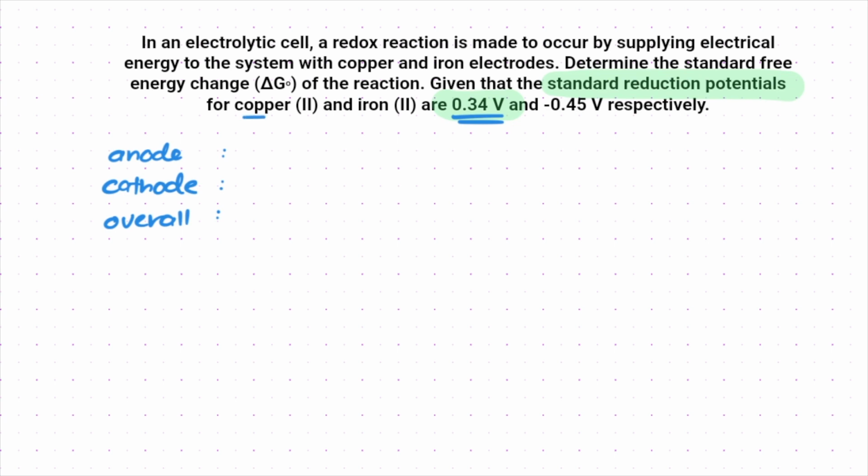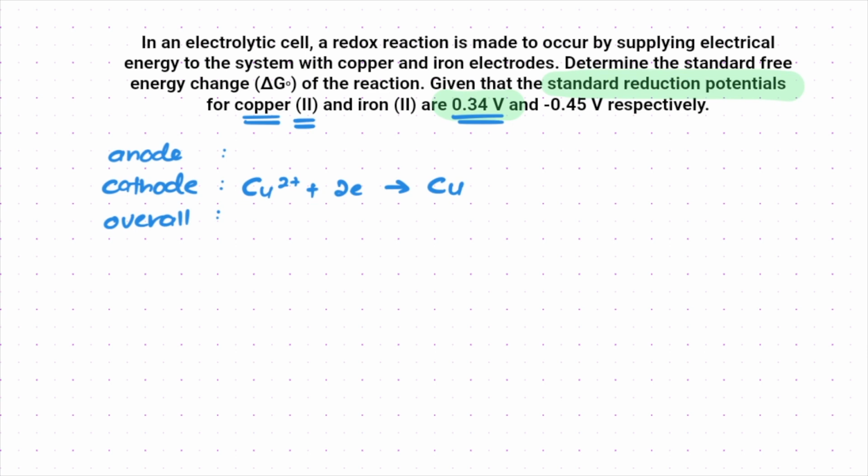So this is meant for copper, and it shall undergo reduction reaction. So copper 2 is given to you. Since it does reduction, we need to start with Cu 2 positive plus 2 electrons. It shall produce the copper in solid form.